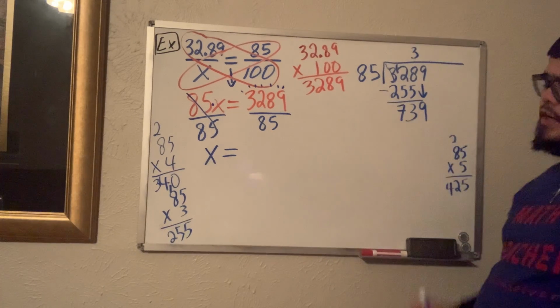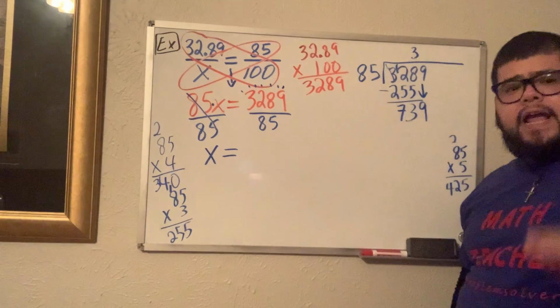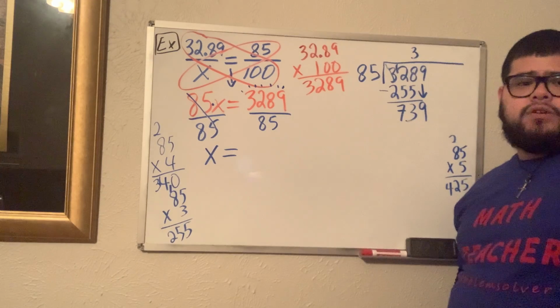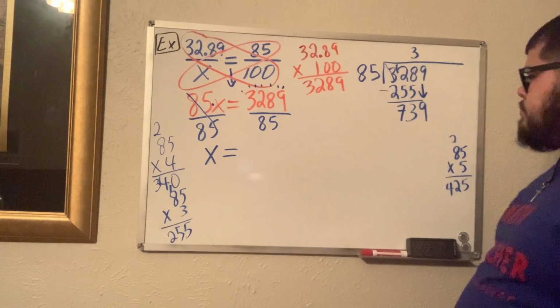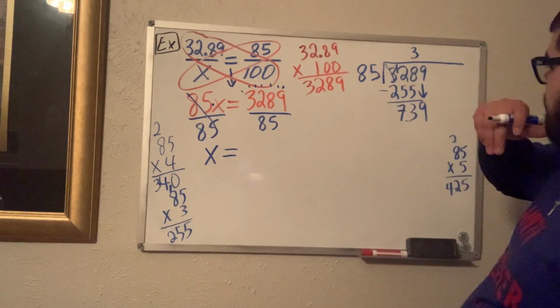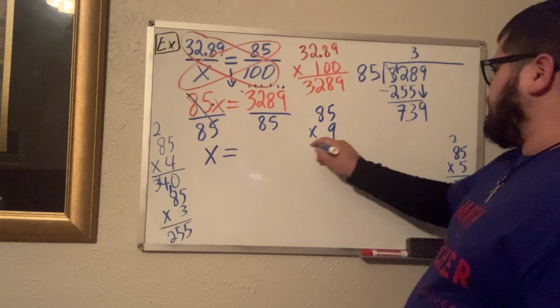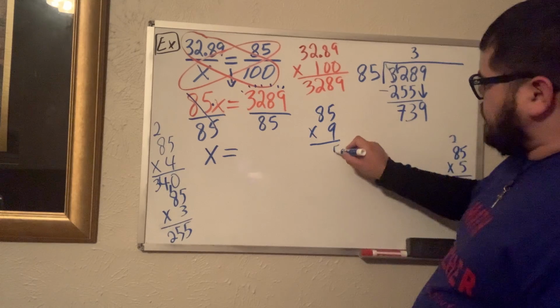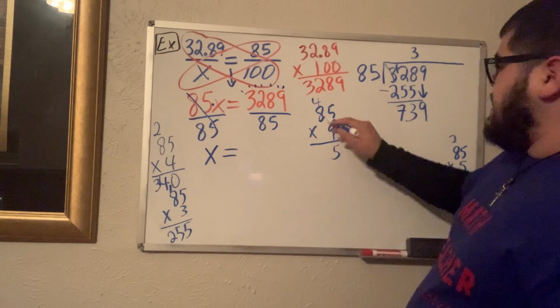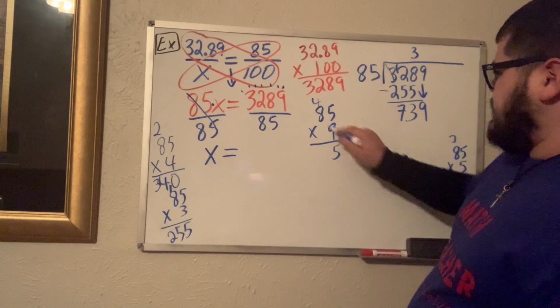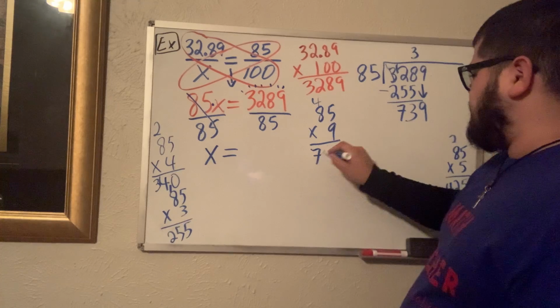85 into 739. We know that 85 times 10, you just put the 0 at the end, we get 850. That's too much. So we have to come up with something else. So we're going to do 85 times 9. See what we get. 9 times 5, we get 45. Carry my 4. 8 times 9, 72, plus 4, we get 76.